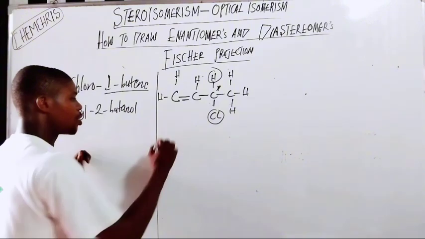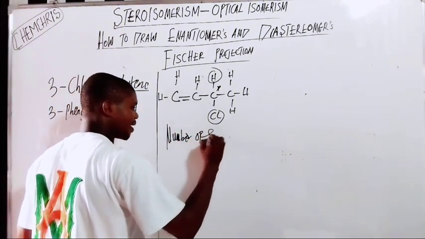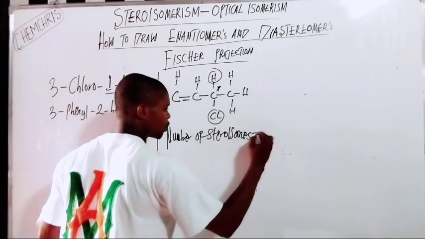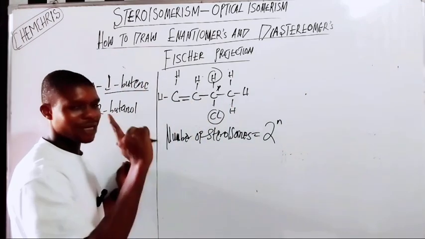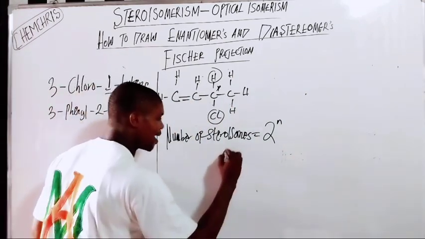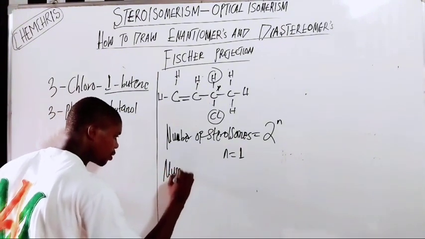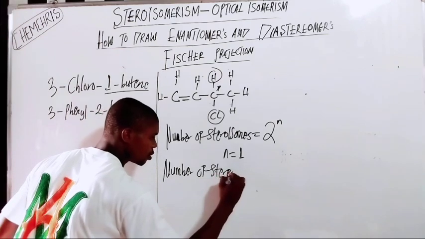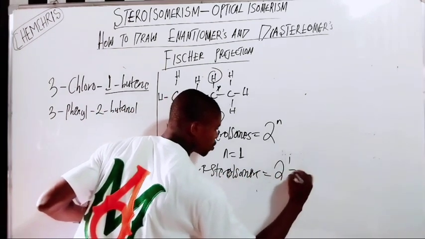So here you can say the number of stereoisomers is 2 raised to N. Because here we have 1 chiral center, N equals 1. So the number of stereoisomers equals 2 raised to 1, which is going to be 2.